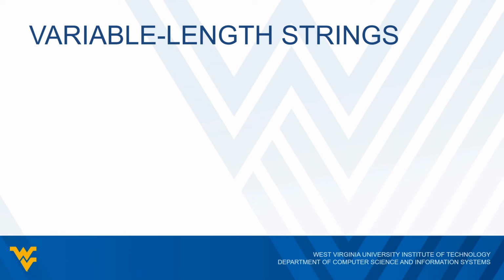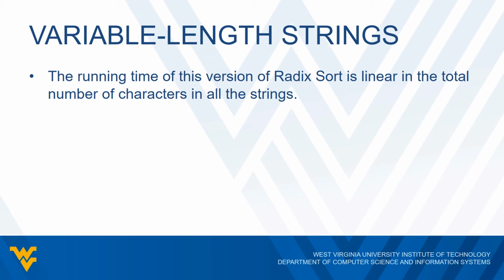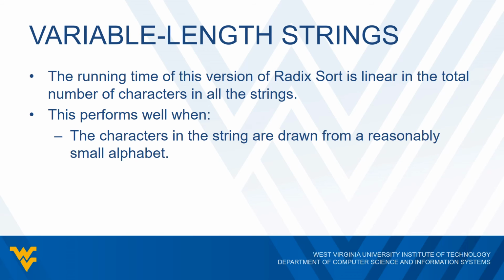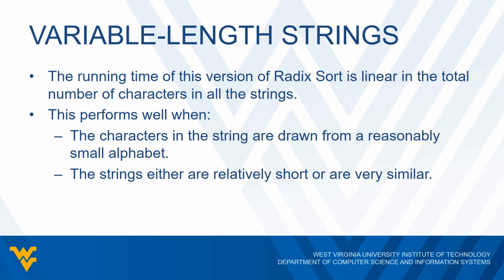Now, what's the running time of this sort? Well, this version of Radix Sort is linear in the total number of characters in all of the strings. So this does pretty well under certain circumstances. It does well when the characters are from a very small alphabet, such as ASCII characters, and when the strings are very short or they're very similar to each other.